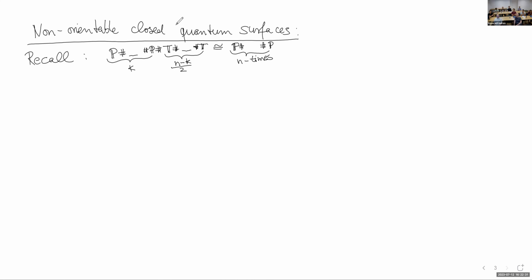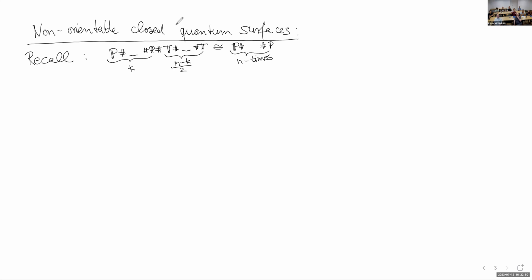I didn't get it. If I take a projective space with a torus, I get three times the connected sum of a projective space.